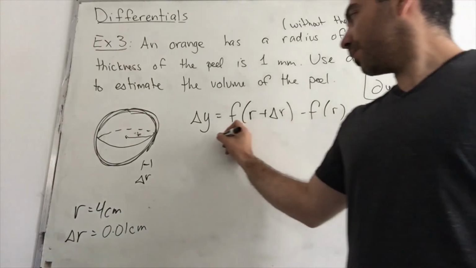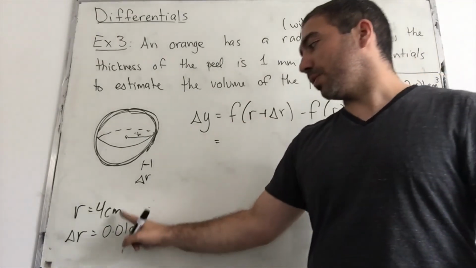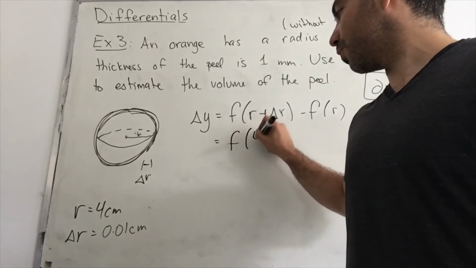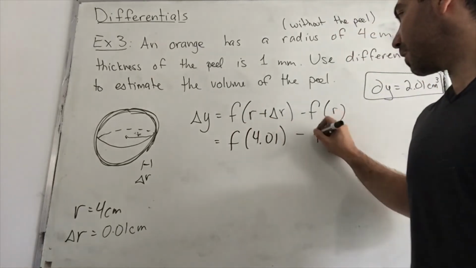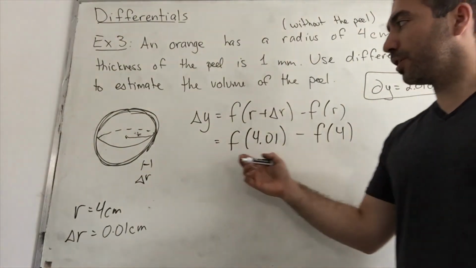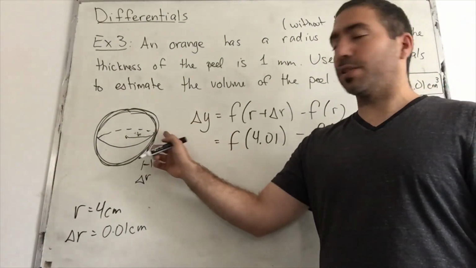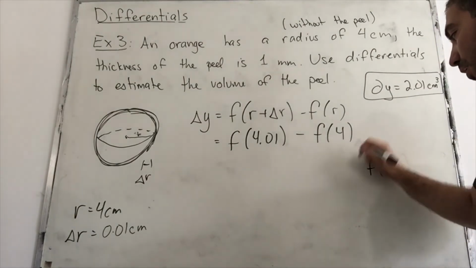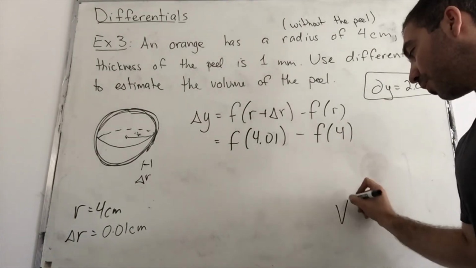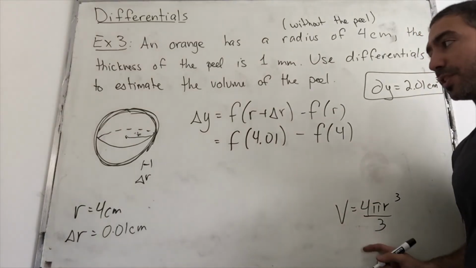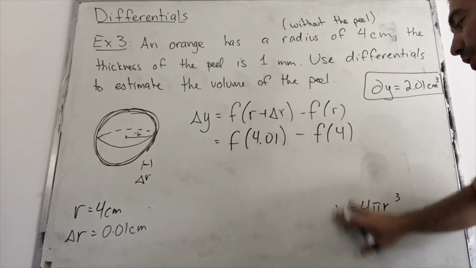So r plus delta r we know is 4 plus 0.01, so it's f of 4.01 minus f of just the radius, which is 4. But again, what's our function? Well, we're trying to find the difference in the volume. So the function that we're using is our original volume equation that we just used before. So the volume equals 4 pi r cubed over 3, the volume of a sphere, and this is our function in terms of r.